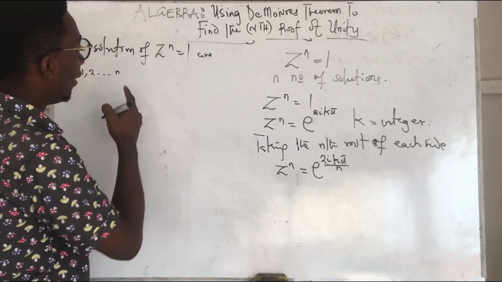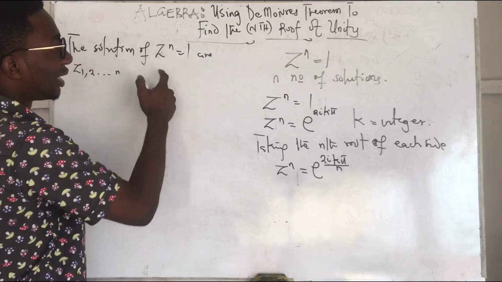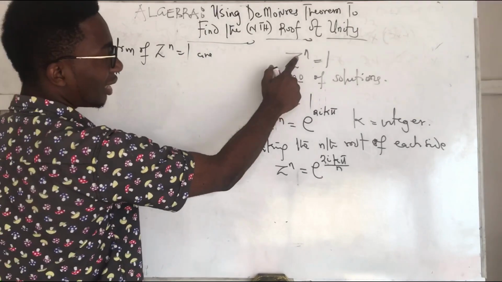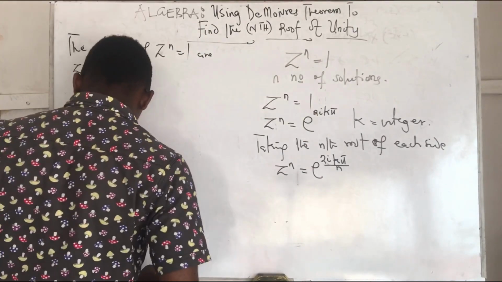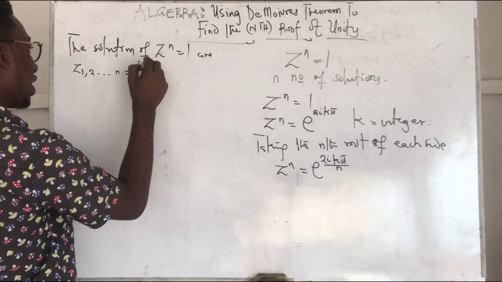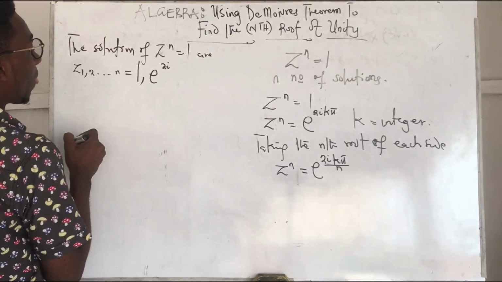That is to say, if it is z cubed equal to 1, we have 3 solutions. If it is z to the power 4, we have 4 solutions. That's why I said z^n equal to 1 means that we have n number of solutions.